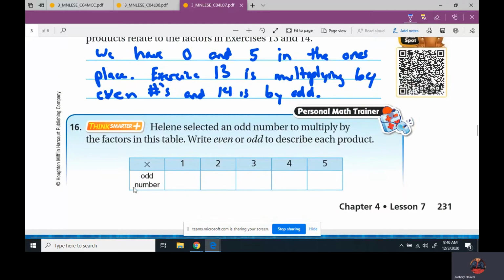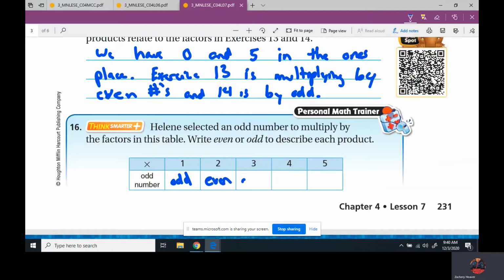So Helene selected an odd number to multiply by the factors in the table. Right? Even or odd. So an odd number times an odd number makes odd. Odd times even makes even.